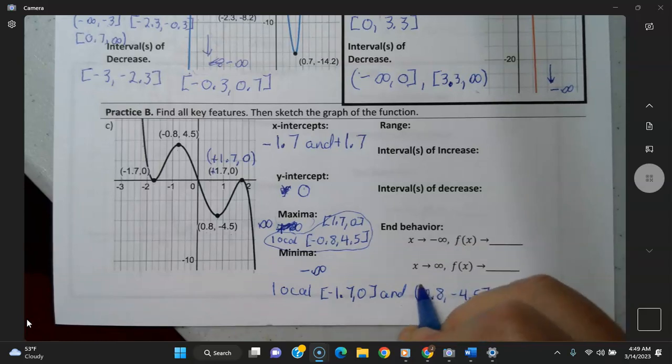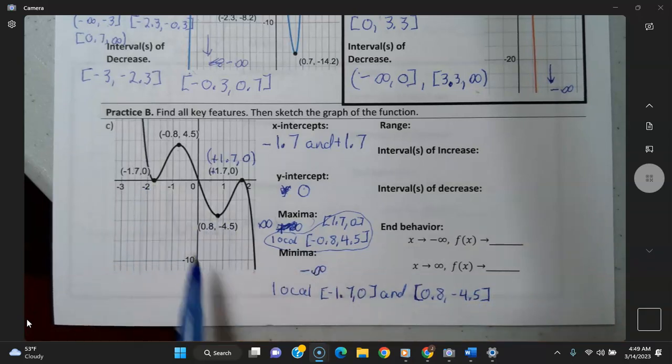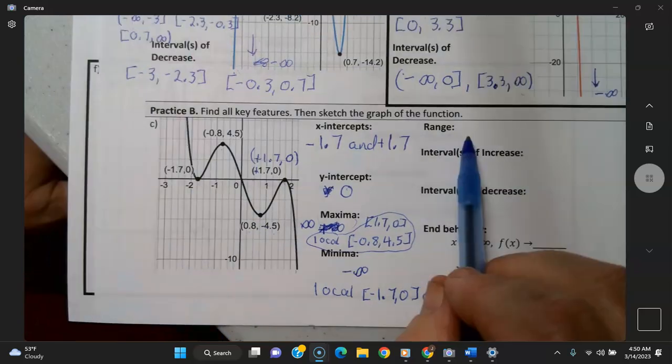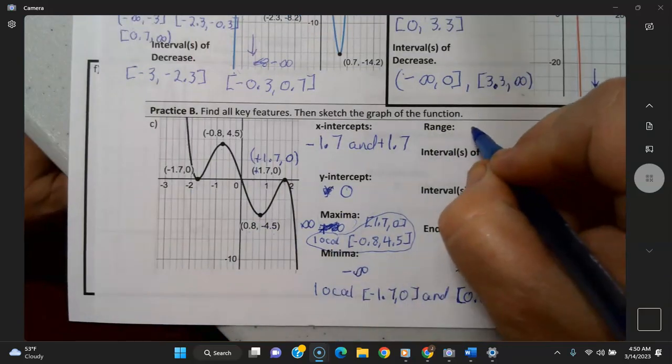Those should be square brackets because they go exactly through. So local, right there. Okay, so the range on this one, it goes from negative infinity to positive infinity.